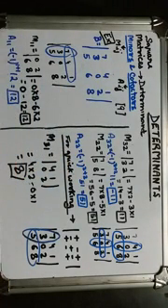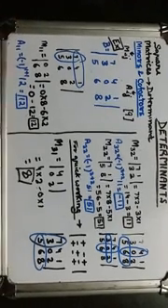Now how to take out the cofactor. The value of the minor and the cofactor remains the same, only one term is added. What is that term?